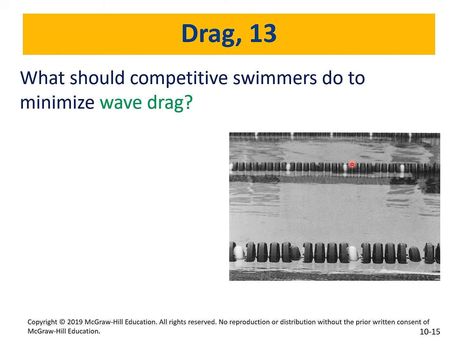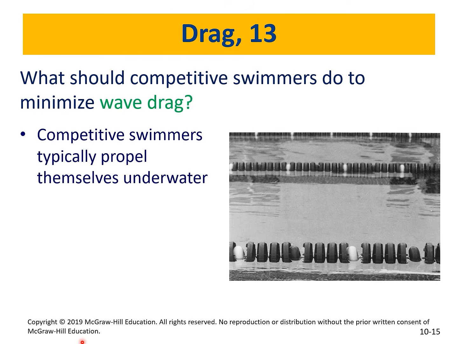Because if the swimmer is going up and down, you have two different fluids, and your velocity will be really different. Especially if the difference between two swimmers is 0.1 second, that's a big difference. So they're trying to eliminate that oscillation up and down.